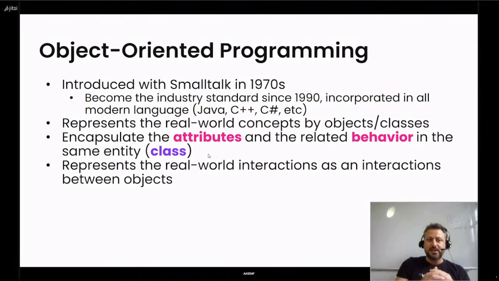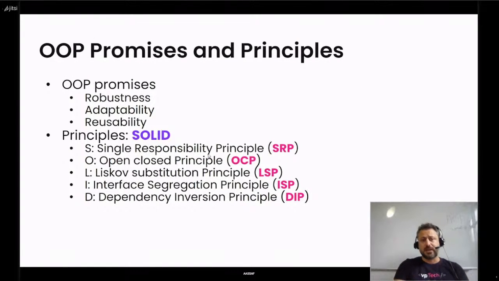And the idea is to encapsulate attributes and the related behavior in the same entity called a class. And after that, we represent the real-world interaction between entities as interaction between objects. So at the beginning, object-oriented programming promised the following: robustness of programs, adaptability, and reusability.